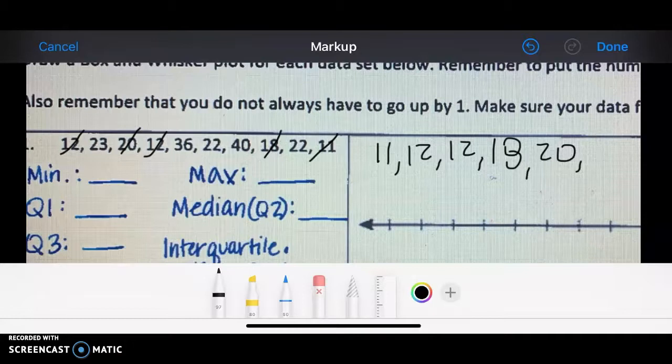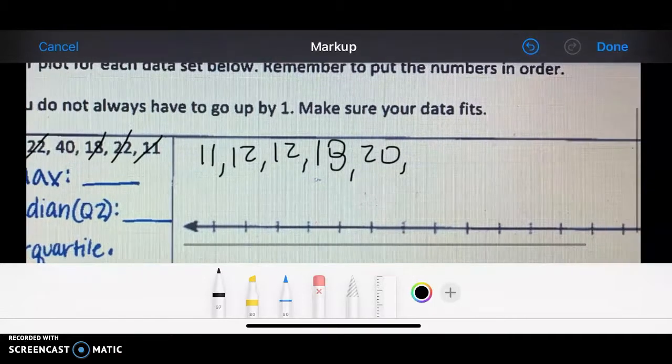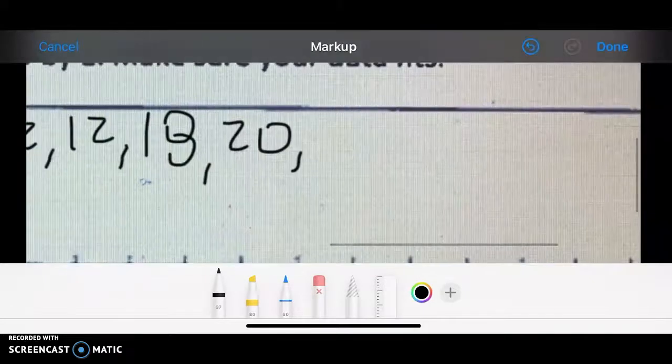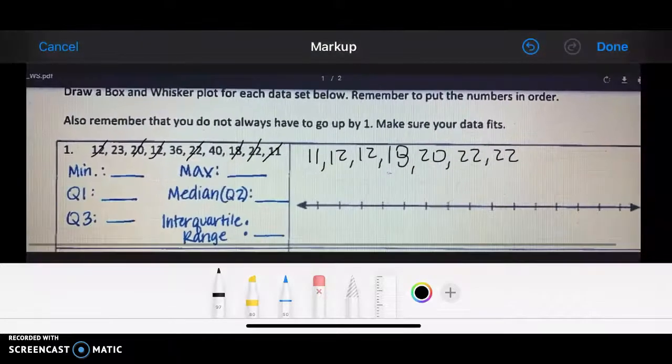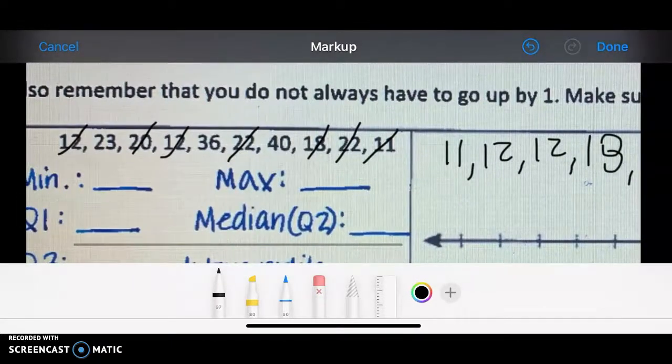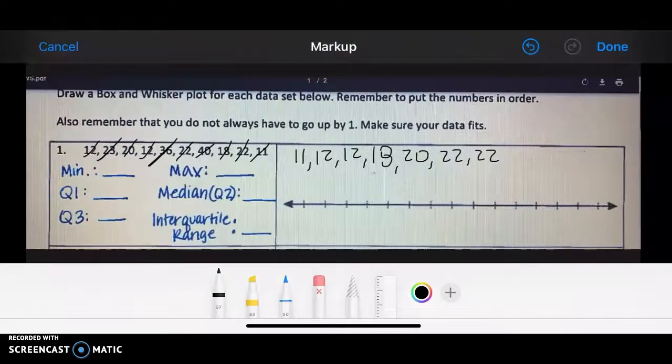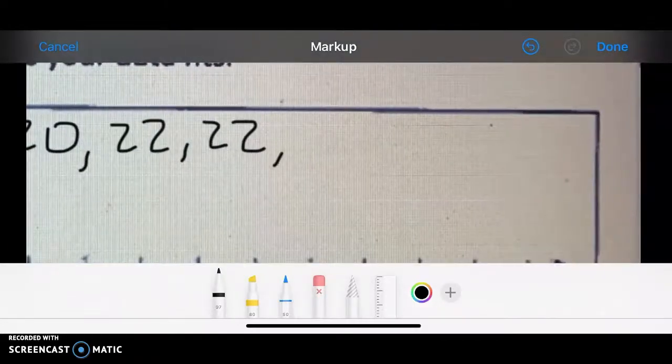Don't see a 21, but I do see two 22s. Okay. Still in the 20s, I see a 23. Then I see a 36, then a 40. So 23, 36, and 40.